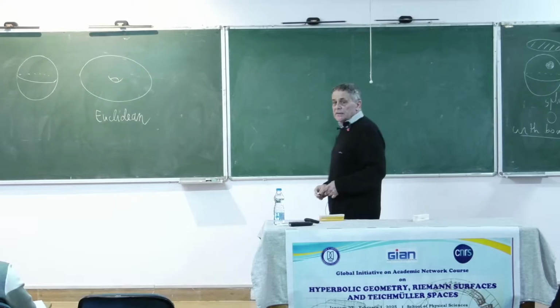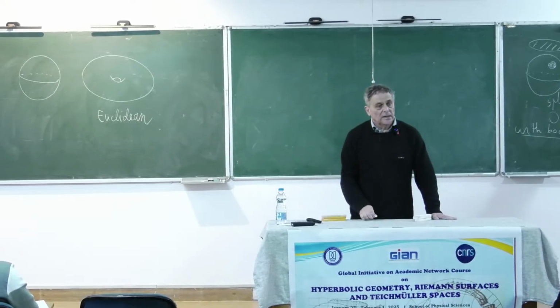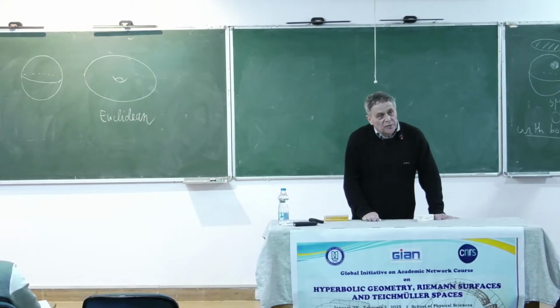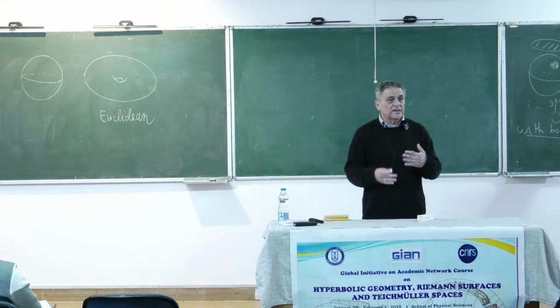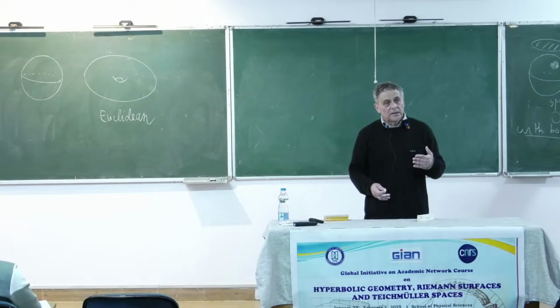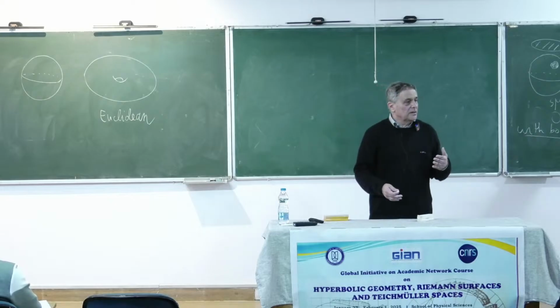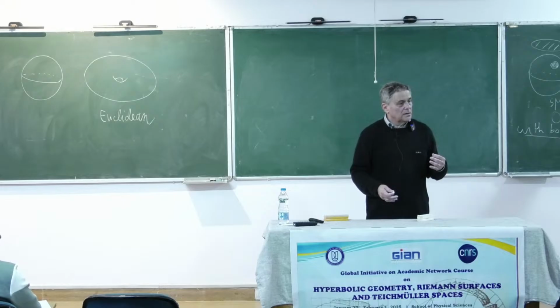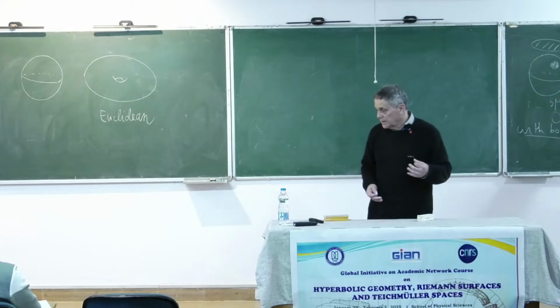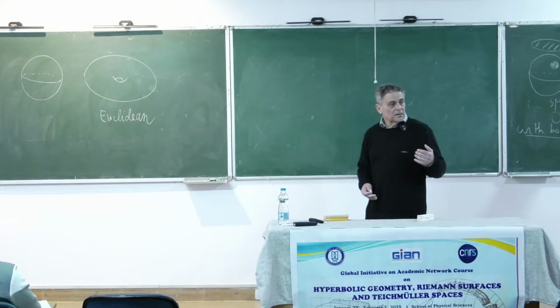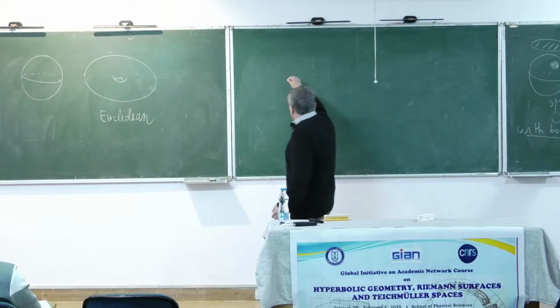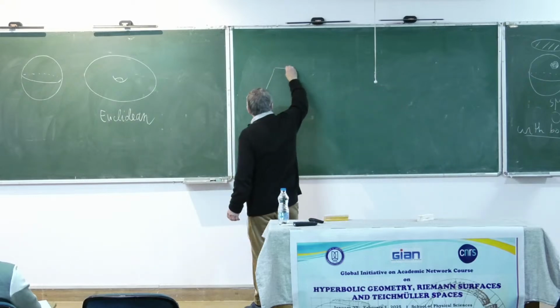Yes, S1 cross S1. So how do you put a metric on the torus, a metric which looks locally like a Euclidean metric? We take a patch in the torus, a square patch, then map it to the Euclidean space.